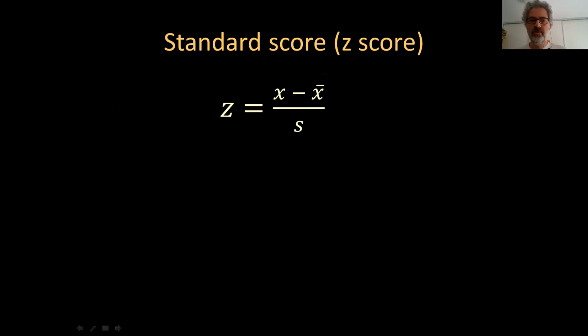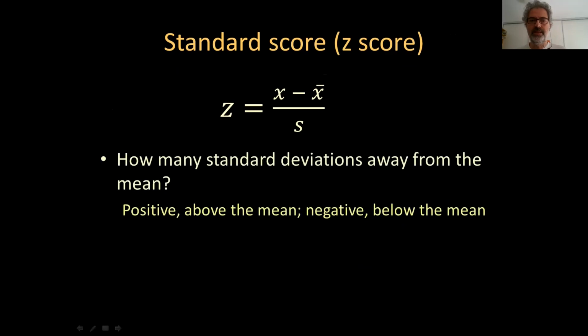And a z-score is exactly a number that expresses how many standard deviations away from the mean the original measurement was. So a positive z-score means the original measurement was above the mean. A negative z-score means the original measurement was below the mean.